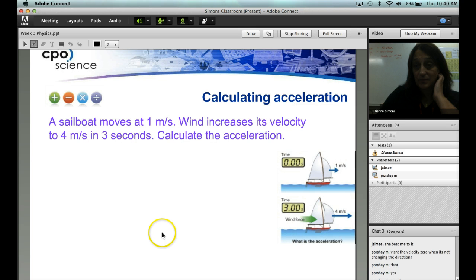All right, so let's look at some calculating acceleration. So a sailboat moves at 1 meter per second, and then the wind comes up and its velocity is changing to 4 meters in 3 seconds. We're going to calculate the acceleration. So what I want you guys to think about is what goes where.